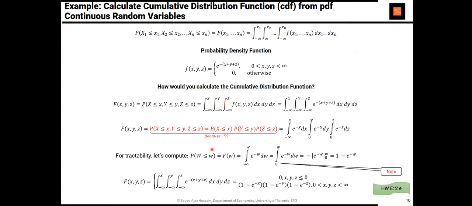And if they're independent variables, the joint density can be found by multiplying each of them together, right? So this would then be equal to e to the power minus x times e to the power minus y times e to the power minus z. Since they're independent, you could play the same trick over here. This joint probability, by independence, would then be broken down into products. So it'll simply be the chance of X being less than or equal to x times the chance of Y being less than or equal to y times the chance of Z being less than or equal to z. So now you could find the CDF of just x, multiply by the CDF of just y, multiply by the CDF of just z.